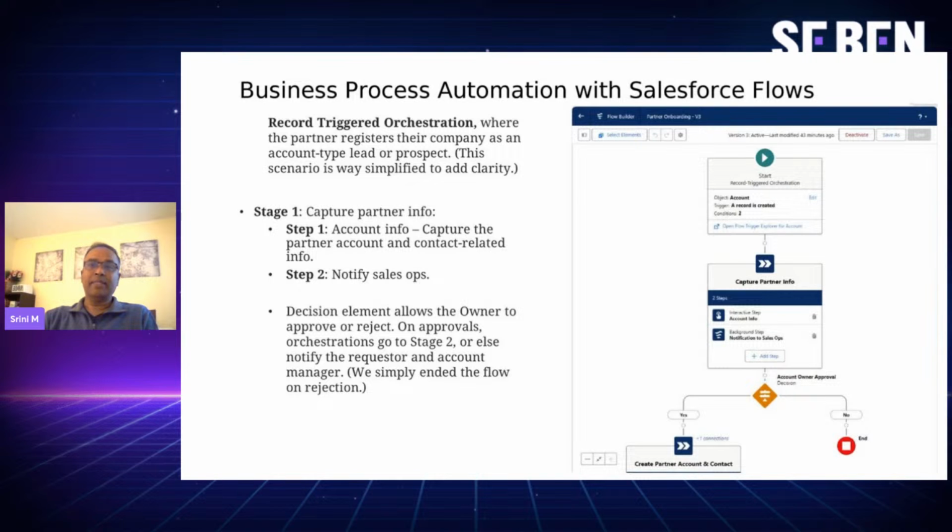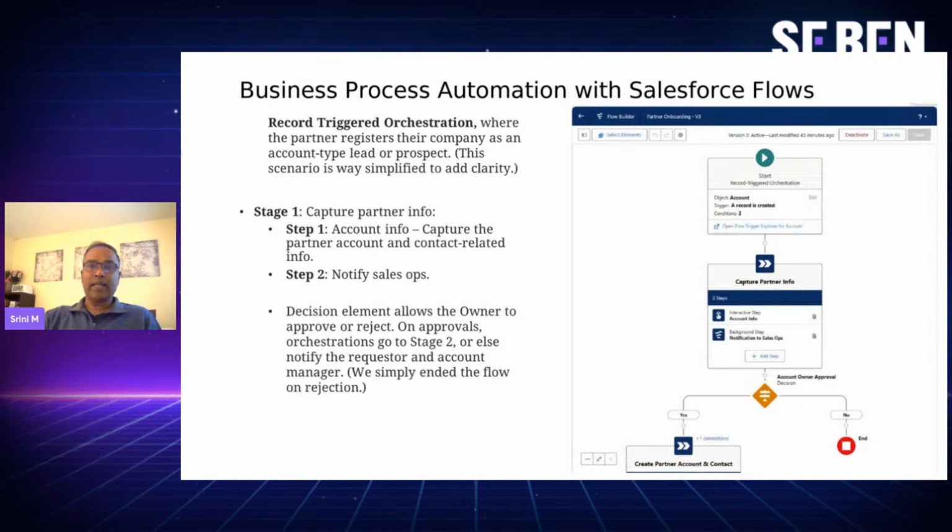What happens is the partner user, through the company portal or digital experience, digital cloud, submits the form, and then it creates an account and creates a custom object where it places all their data: company data, account data, contact data, the products they're interested in and why they're interested, whatever format you have, they capture that.